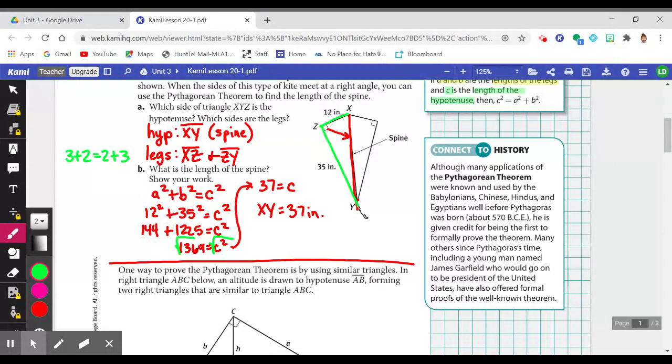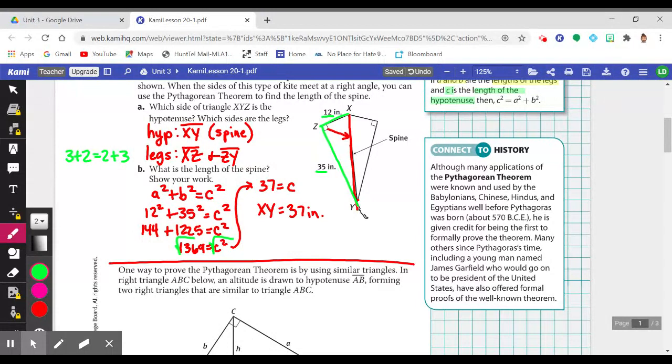Regardless of what you plug in for a or b, as long as you plug in the actual length of the legs, we should be able to properly find c, the length of the hypotenuse. So it really doesn't matter if you labeled 35 inches as a or as b, or likewise 12 as a or 12 as b.